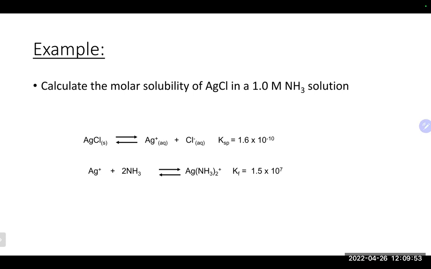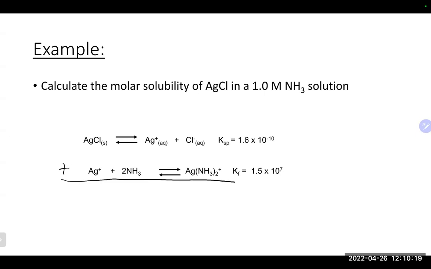We have our KSP step, which is the silver chloride breaks apart into silver ions and chloride ions. And we also have really the complex ion formation, which is the second step that's happening here, the silver ion and the ammonia coming together to make our complex ion. So we could approach the same sort of way. We could add this together to get really the overall reaction that's taking place.